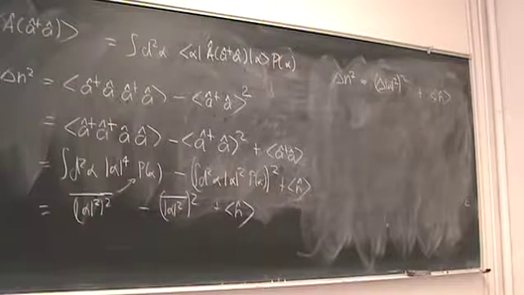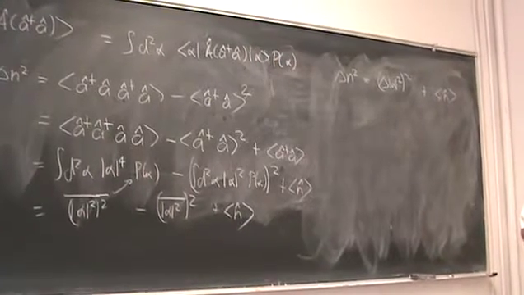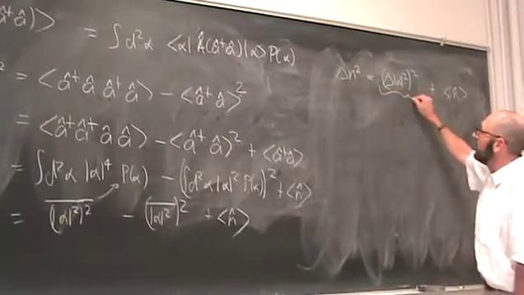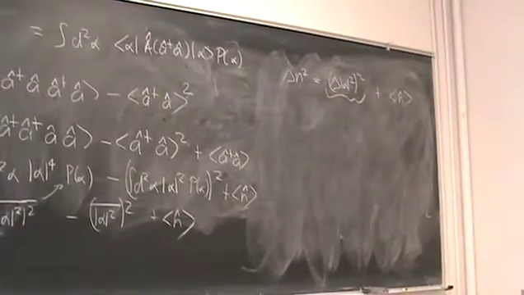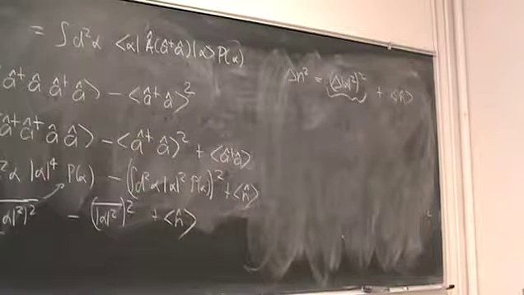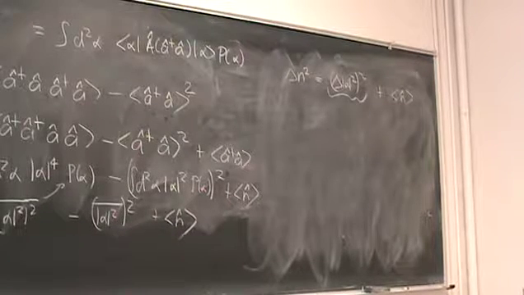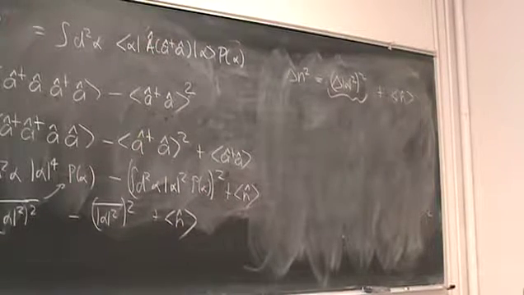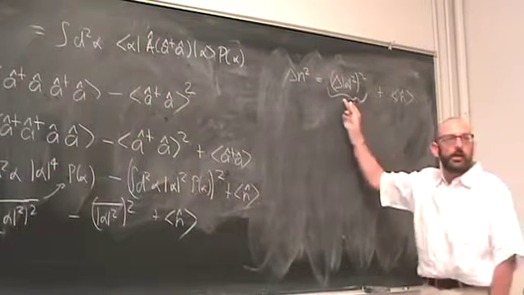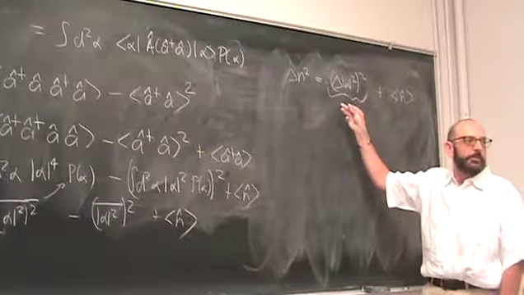So, if I have a coherent state, well, before I say that, what can we say about this? That is certainly a positive number, right? Because it's the fluctuation of a positive quantity. This quantity is always positive.